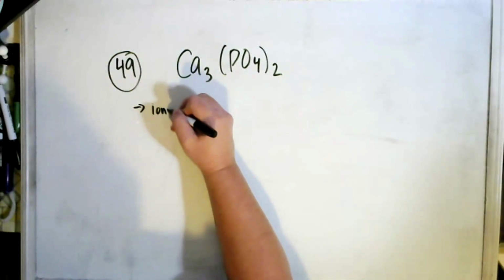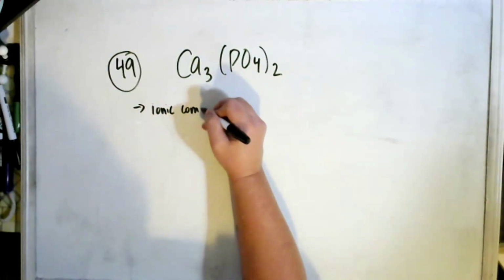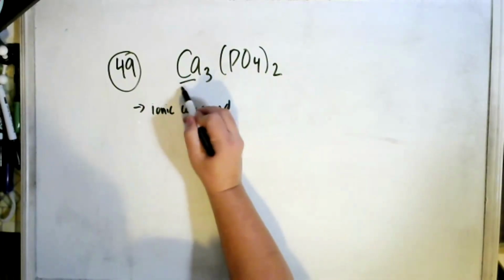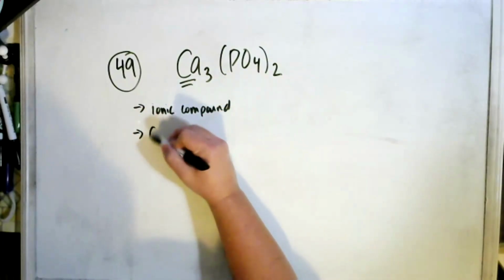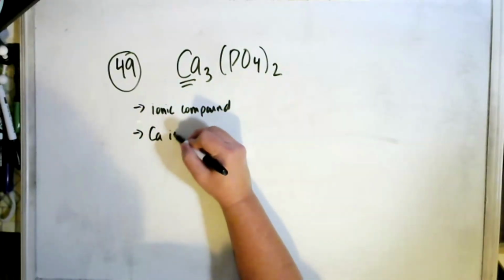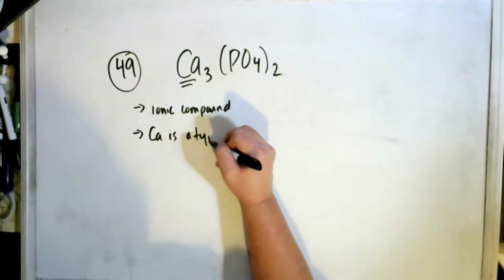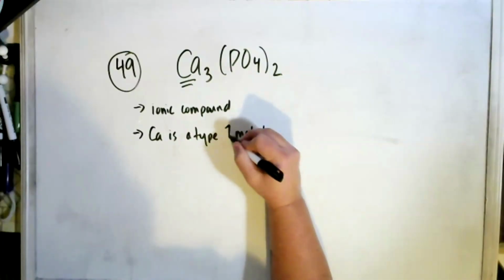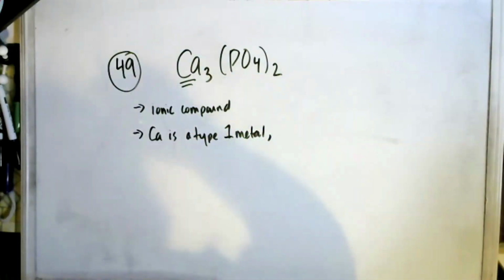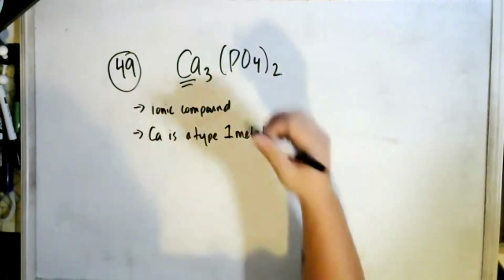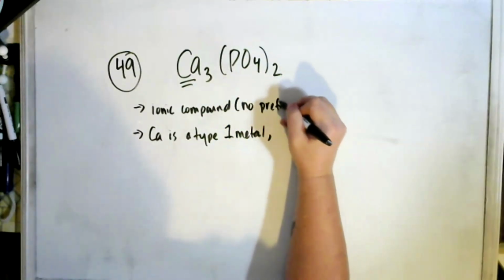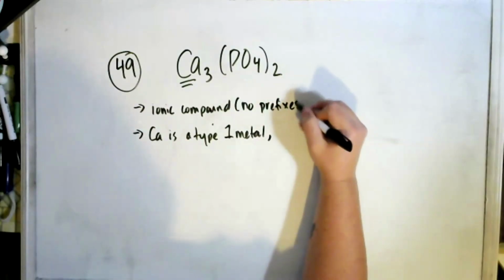We know that this is an ionic compound. We are going to recognize that calcium, Ca, is a type 1 metal. So we don't need parentheses. Our ionic compound means no prefixes.